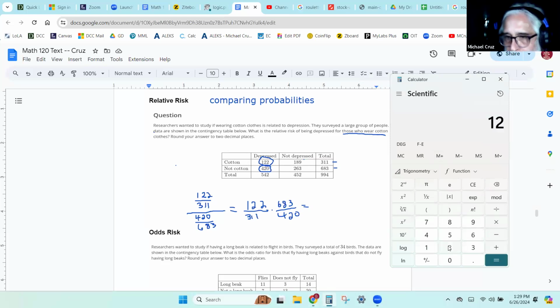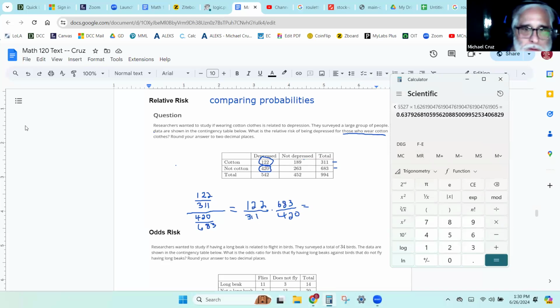So now 122 divided by 311 times the memory recall. So then this is 0.64. I think that's what they asked for, was round it to 2.